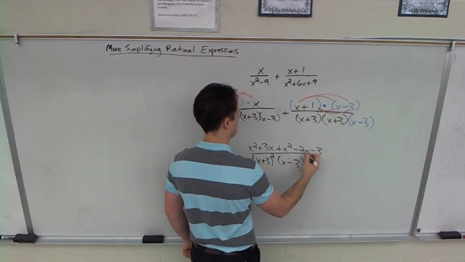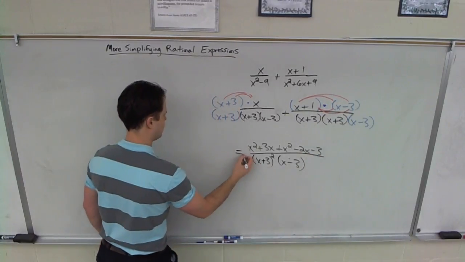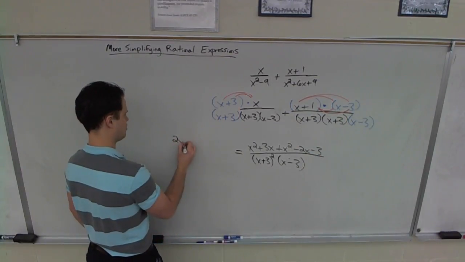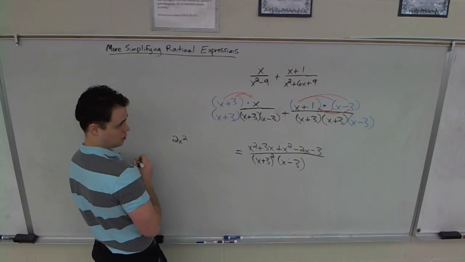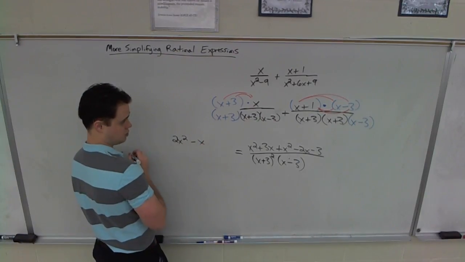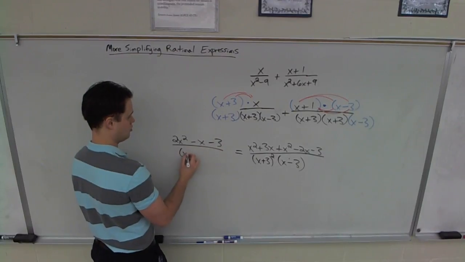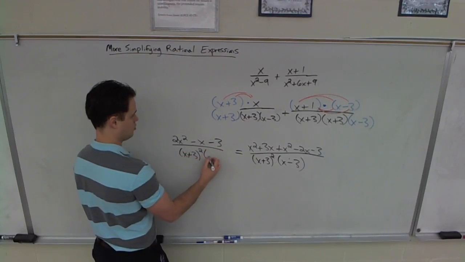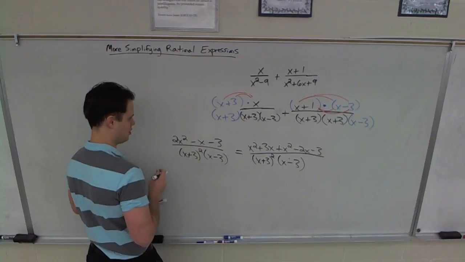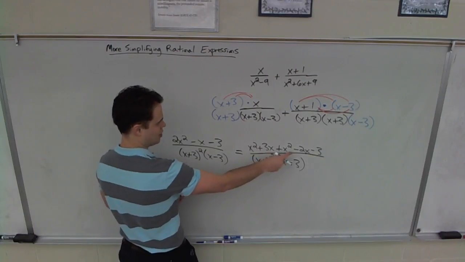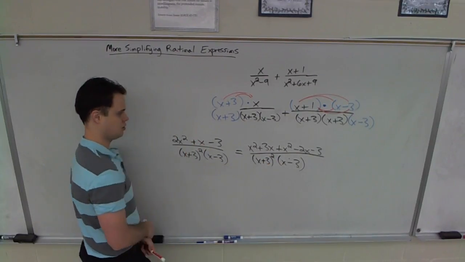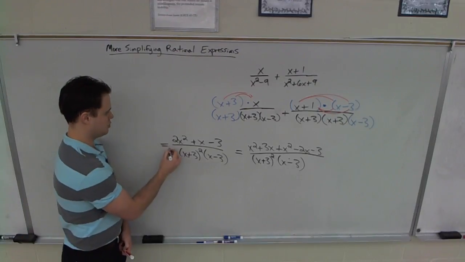And that is minus 3. All right, so on top we have 2x squared. This is looking like the other one. Minus x minus 3 plus x. Do I have a mistake? Plus x. 3 minus 2 is plus. Yep.